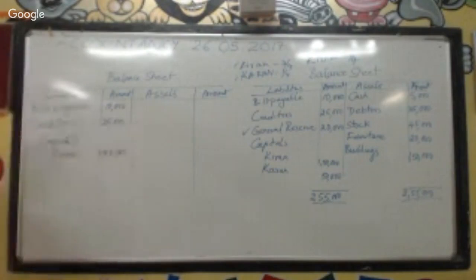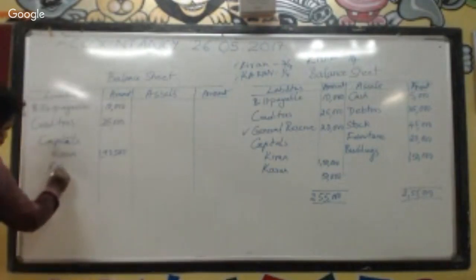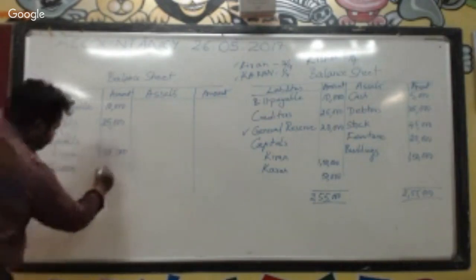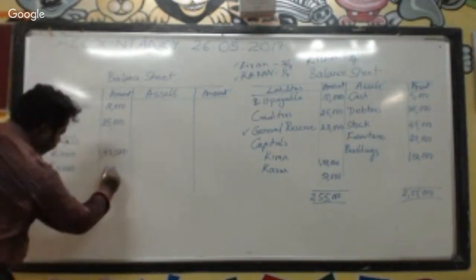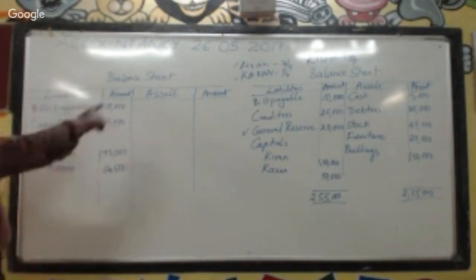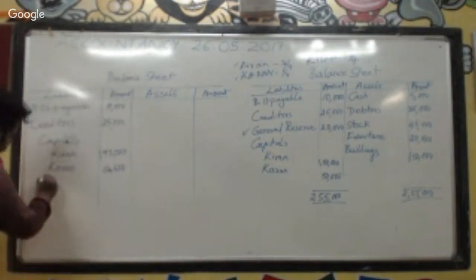Next, Karan's capital account. How much we got yesterday? 64,500. 64,500 we got.